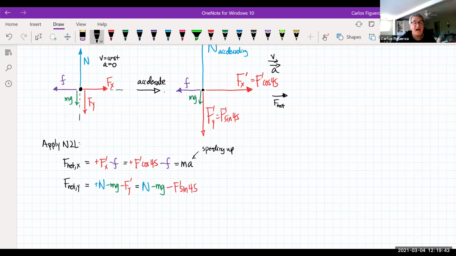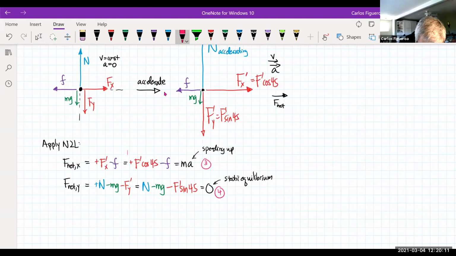But this does not accelerate vertically. It's stationary vertically. So now we know that this is in static equilibrium. So those are my N2L equations. Since I called the other ones 1 and 2, I'm going to call this guy 3, and this one 4.